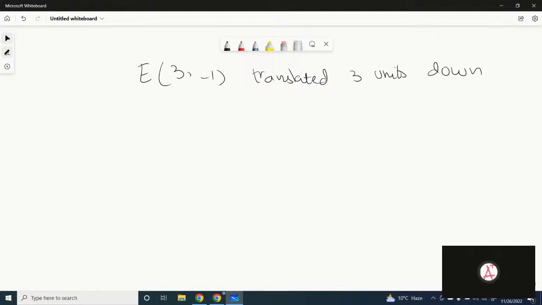Got it? So down means you have to subtract the value from the y component. So it would be -1 and -3. Got it? So -1, -3 makes -4. That means the new components for E dash would be 3 and -4.